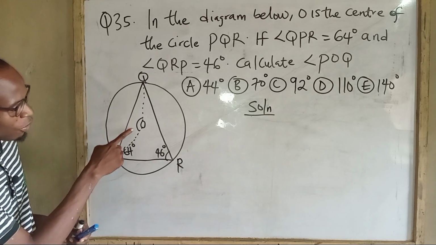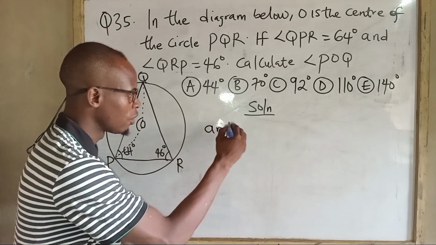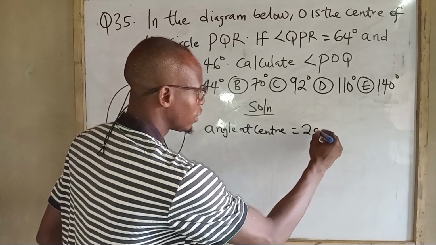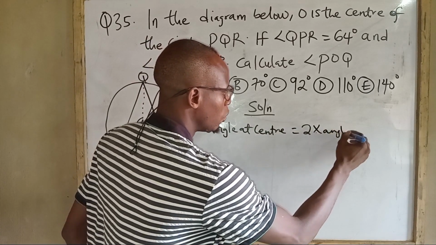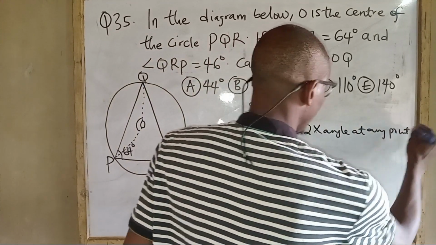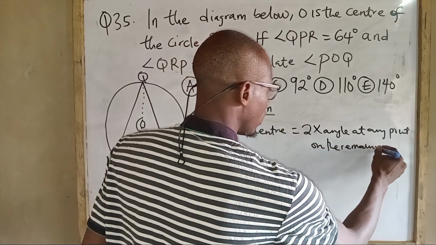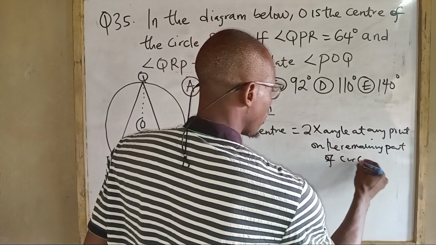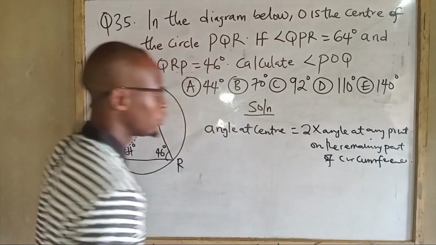So we are looking for the angle over here now. This is the angle at the center. So the theorem is, angle at center is equal to twice the angle at any point on the remaining part of the circumference. So that's one of the theorems in circle geometry.